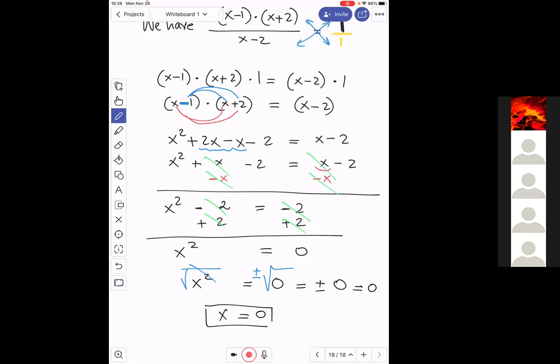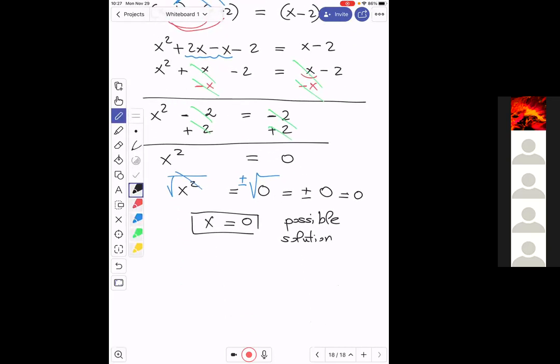Okay, but this is a possible solution. We are not done. Don't forget, there is the last step where you have to check if your solution is a true solution, because whatever you have inside the log must be positive, right? So this is just a possible solution, and we're going to check in the last step, step number 3.